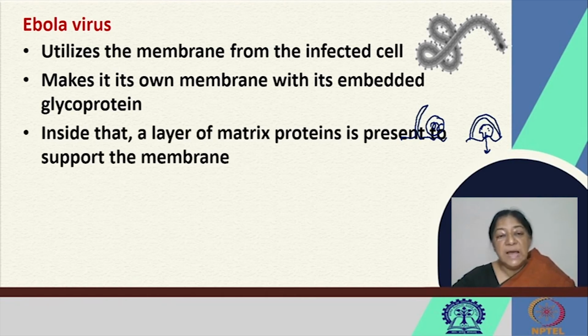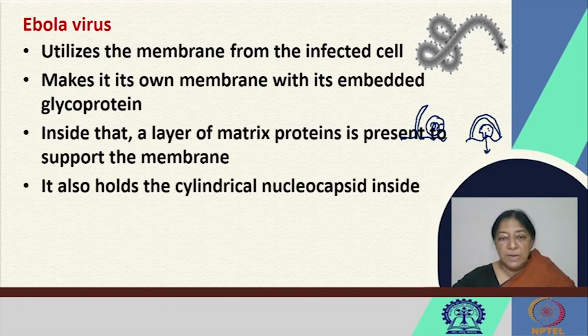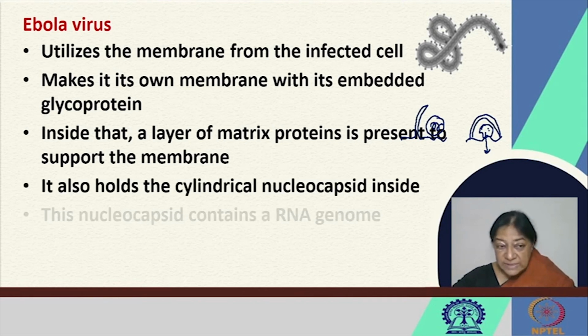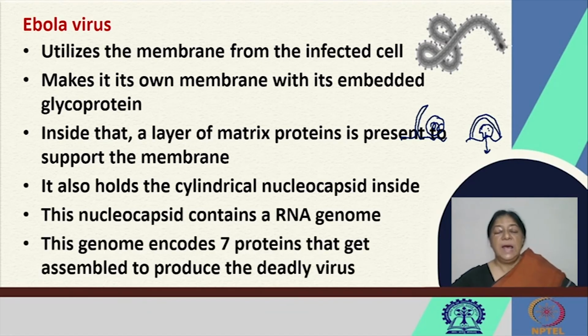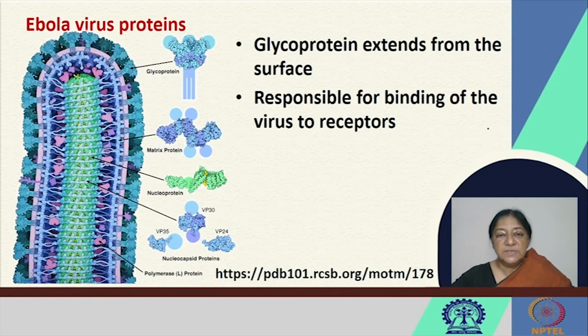Inside that, a layer of matrix proteins is present to support the membrane. And it holds the cylindrical nucleocapsid inside. And this nucleocapsid contains the RNA genome. And the genome can encode for the 7 proteins that then assemble to produce the deadly virus.